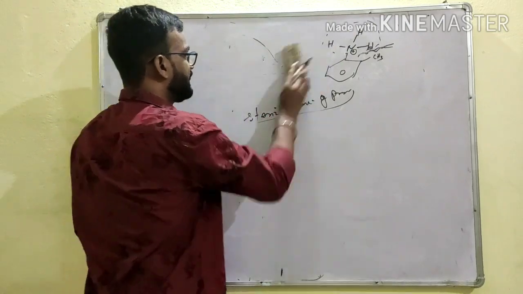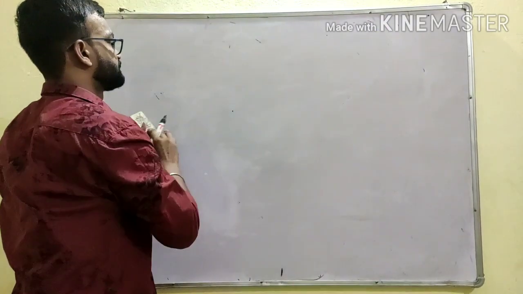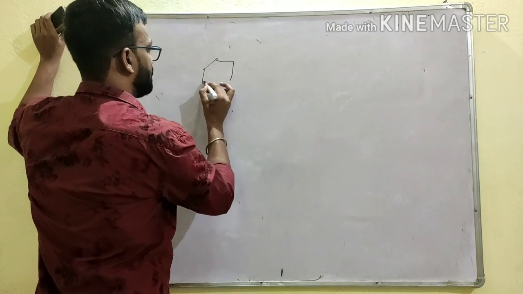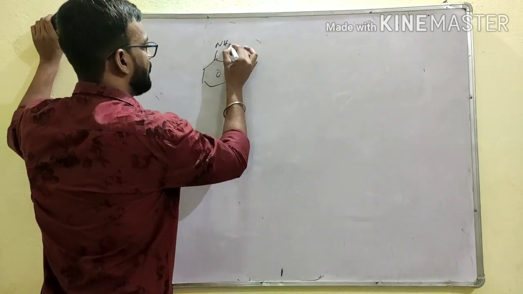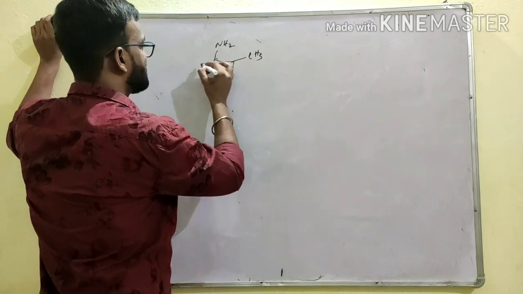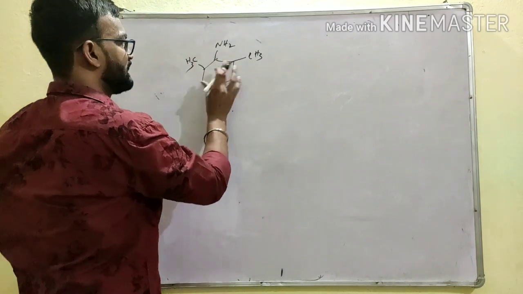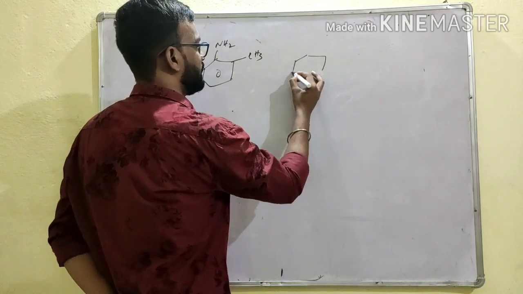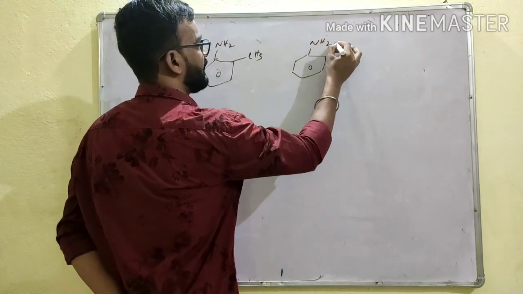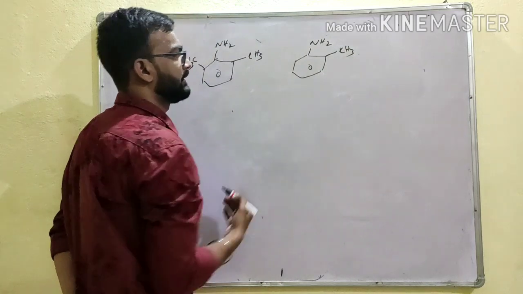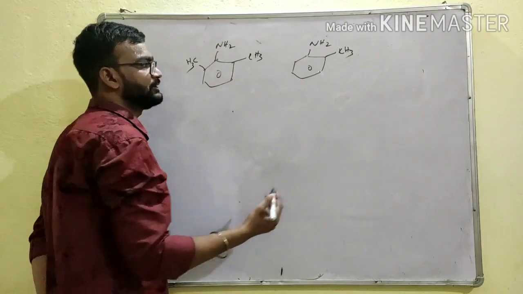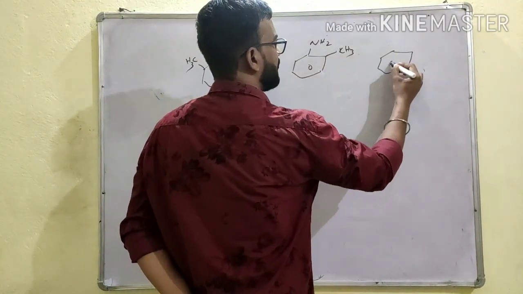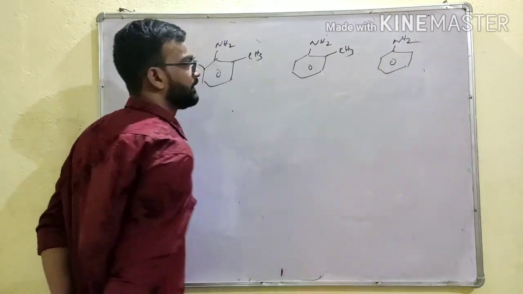Okay, so if I give an example, suppose there is a CH3 at both ortho positions, so two CH3 groups. In another case, you have one CH3 group at the ortho position, and you have normal aniline.